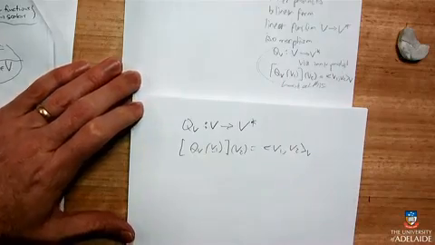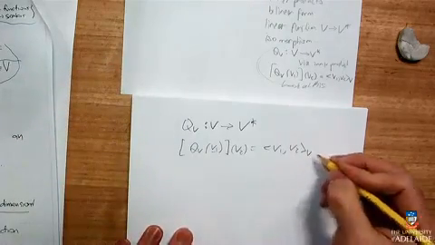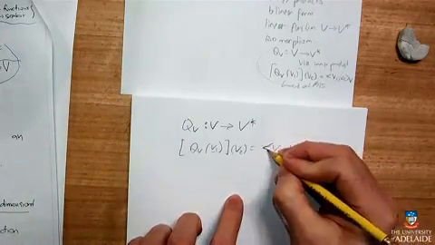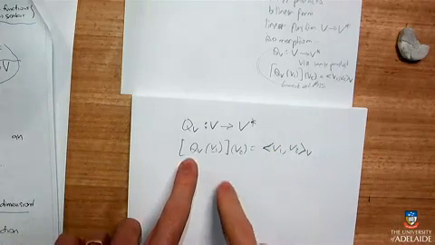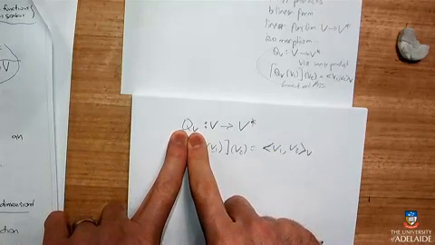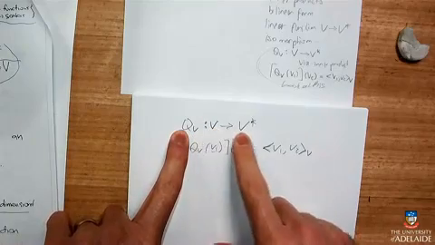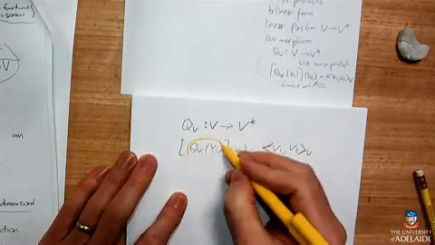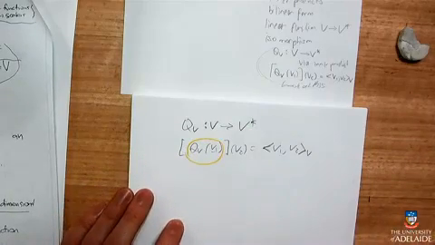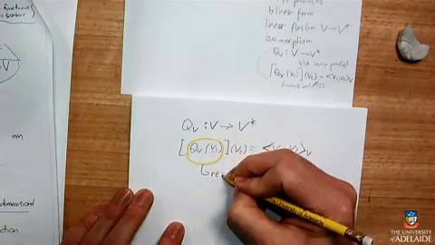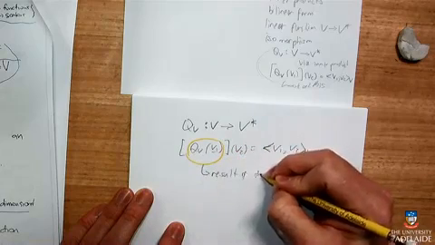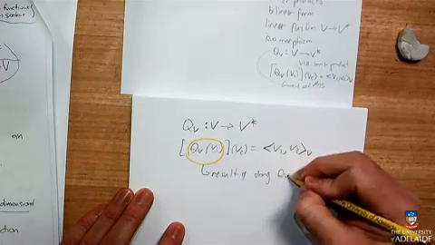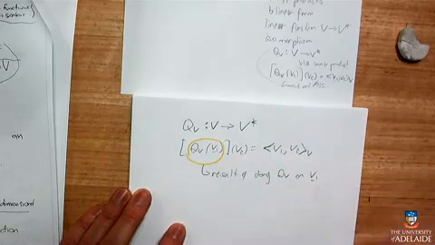Okay, so QV is a function. It takes things in V and produces things in V star. So this thing here is the result of doing QV on V1.